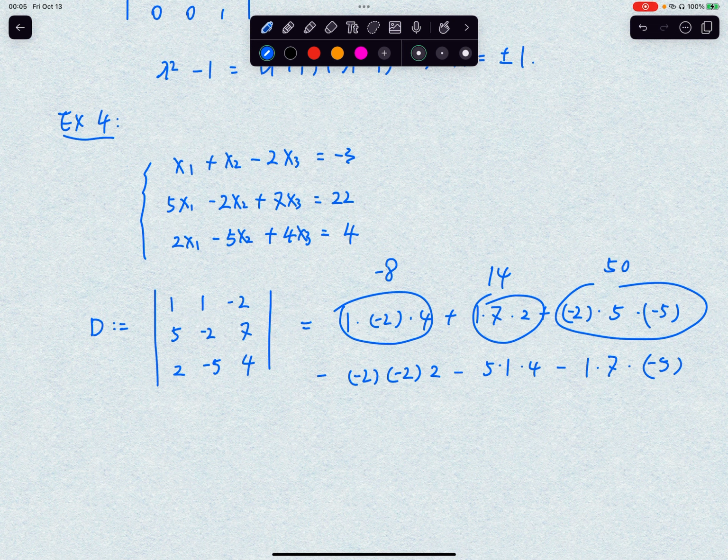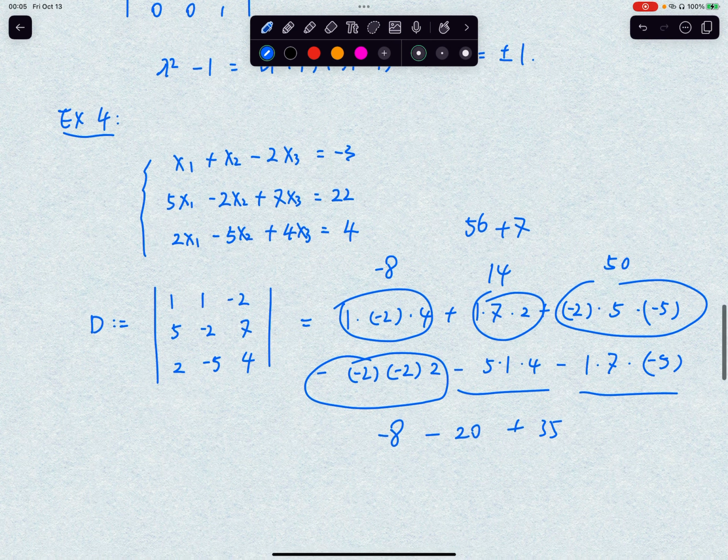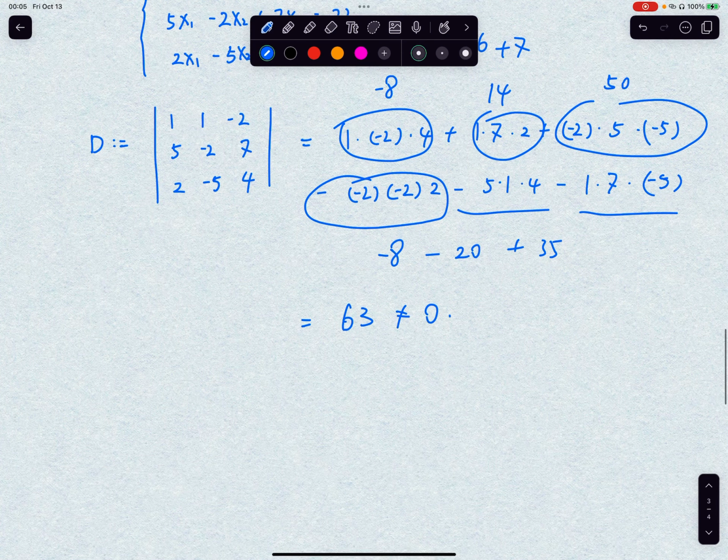So we have 64 and it's 56. And for here is minus 8, and this is minus 20. And for this guy is plus 35. So we have 15 minus 8, which is 7. So this guy equals 63, which is non-zero. So we have solutions, and we can proceed to find the solutions.